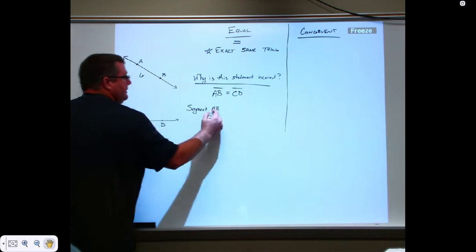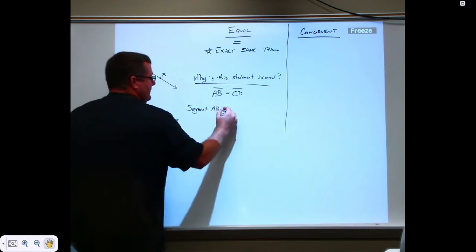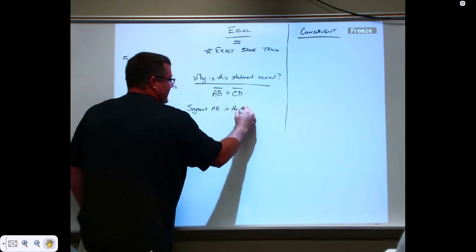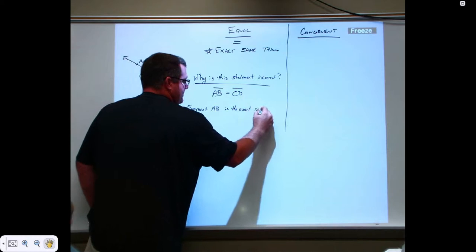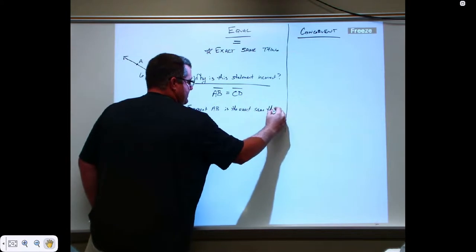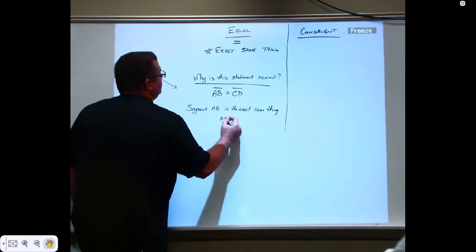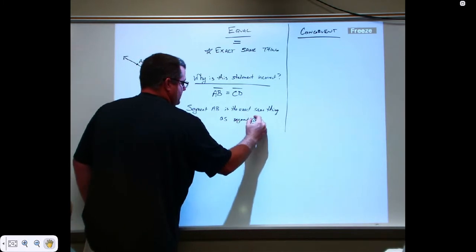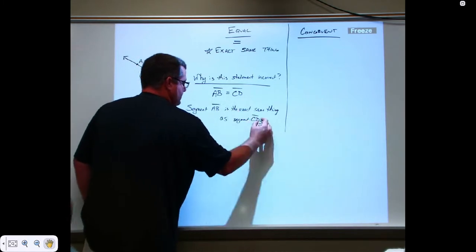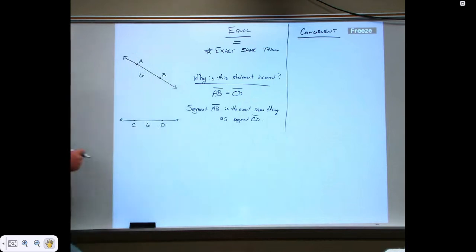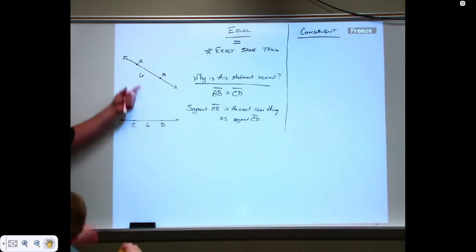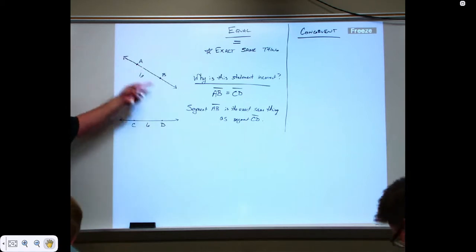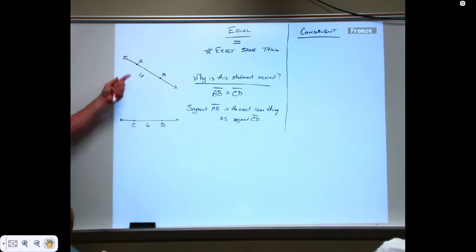Segment AB is the exact same thing as segment CB. Does that sound right? Are they the exact same thing? Is this the exact same thing as this? No, one's up here, kind of slanted like that. This is AB, right? Yes, so they're not congruent.